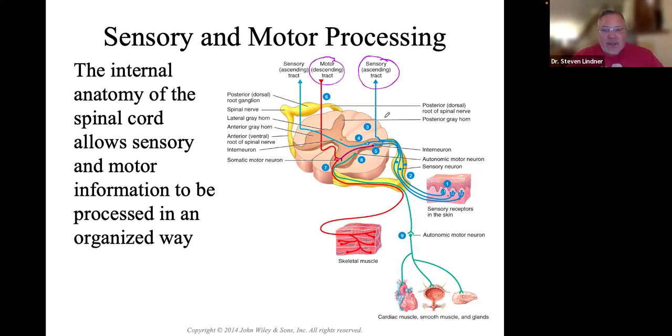Okay, and you can see that sensory could be any type of receptors in the skin. Okay, they're going to go up, they're going to ascend, and then when they descend for motor tracts, they can go to muscles or they can go to organs and glands.